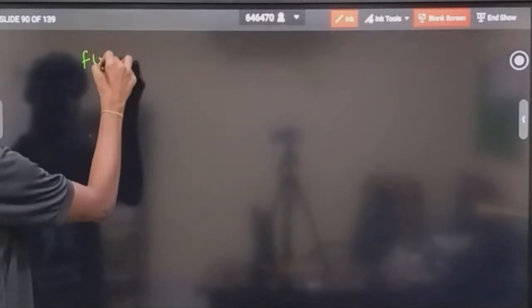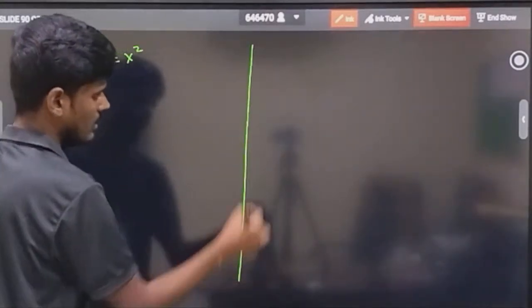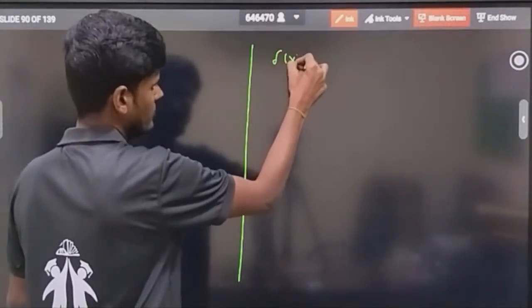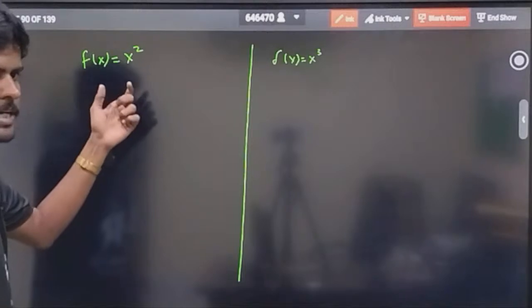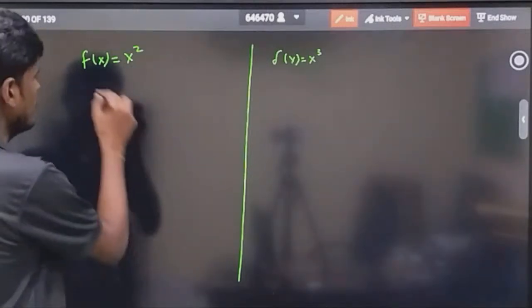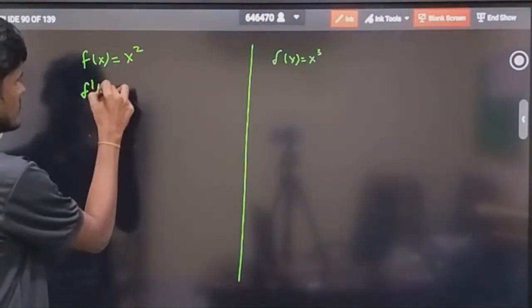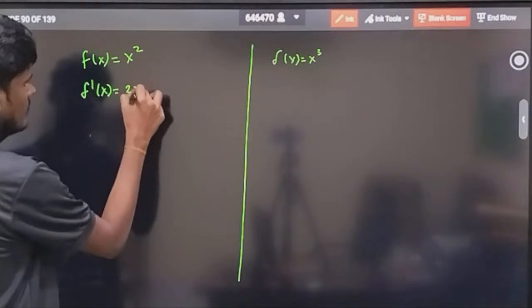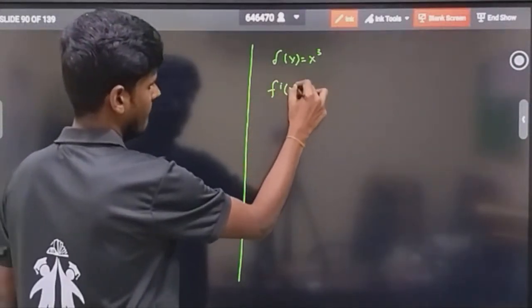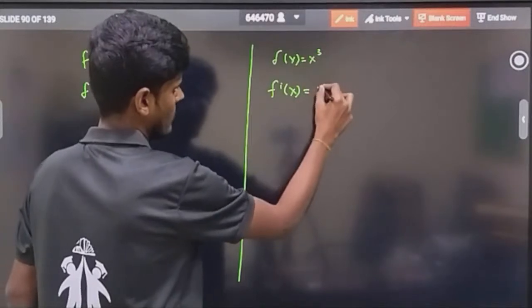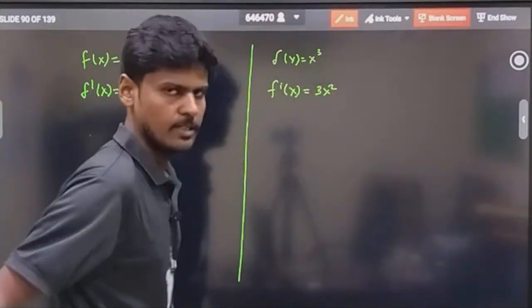Consider a function f of x equal to x square, and another function f of x equal to x cube. Now at what values will this be? For f of x equal to x square, f dash of x will be 2x, and here for x cube, f dash of x will be 3x square.